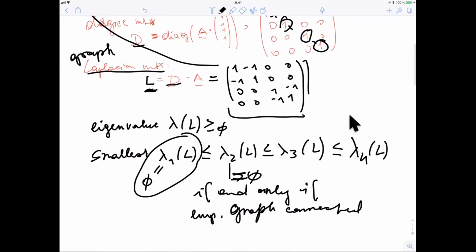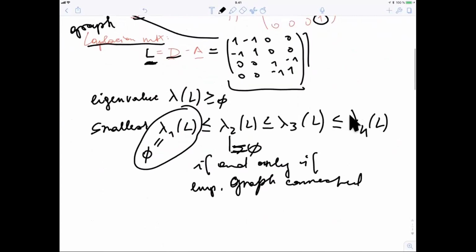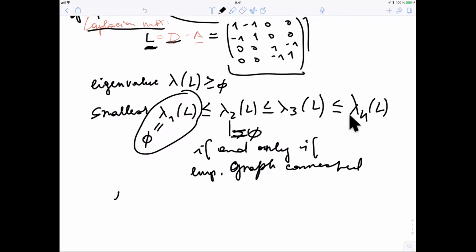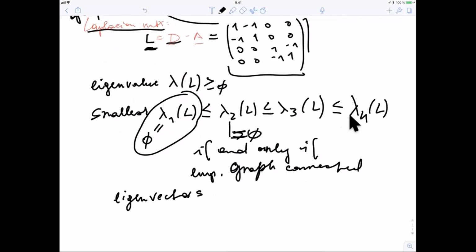And it turns out that we can compute eigenvectors. Let's call them U1, U2, that's a cool name, U3 and U4.